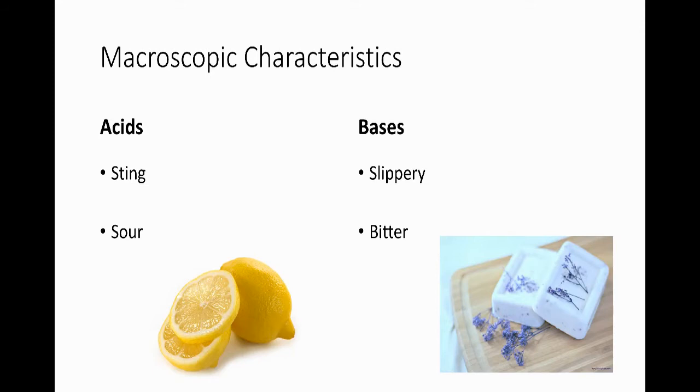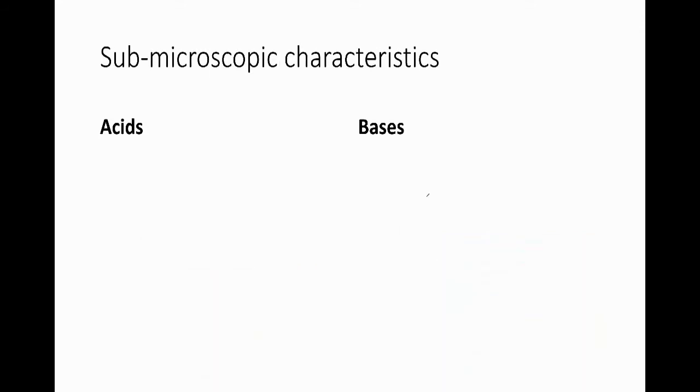All right. Now let's go on to the smaller level and talk about some sub-microscopic characteristics. These are characteristics of acids and bases on the tiny molecular level. Acids, as you already know from the nomenclature unit, contain hydrogen. And typically when you're writing that formula, the hydrogen comes at the front of the molecule.